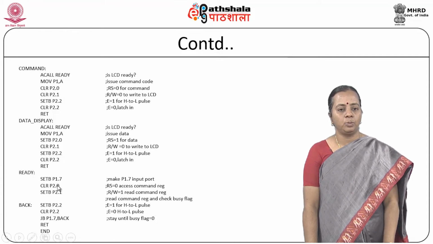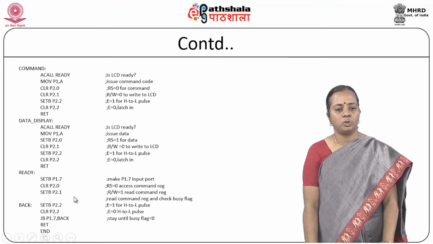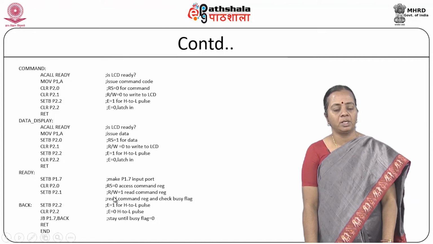Now CLR P2.0, that means RS is 0, and SETB P2.1, so R/W is 1, so read the command register. Now it becomes a read. I need to read the information from the LCD, because of that this becomes 1.